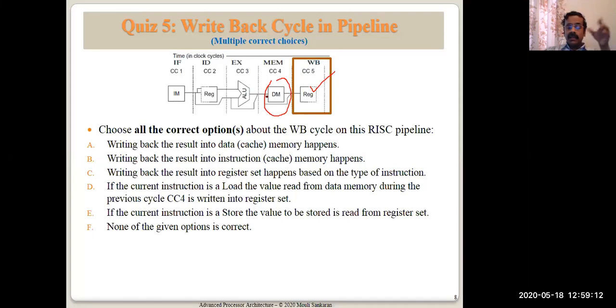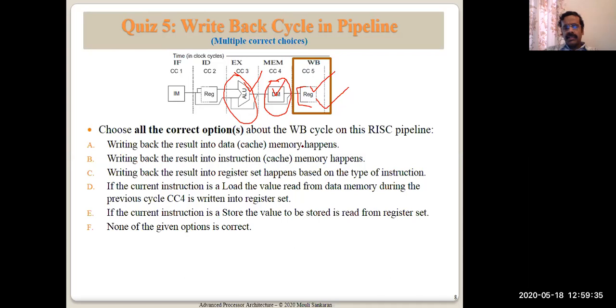Whatever is the address from which it has to be read was computed here, maybe indexed addressing or whatever, and the actual content from data memory is fetched here. Now loading into a register happens here. So writing into the register set happens.